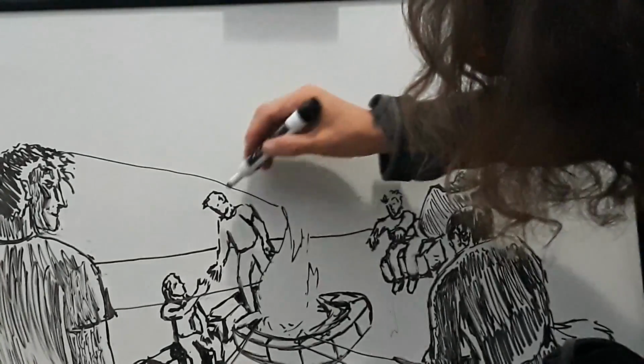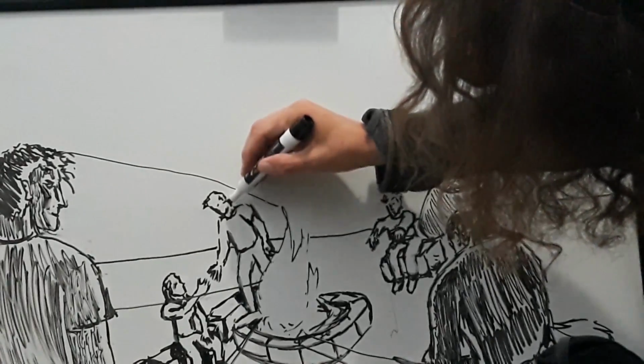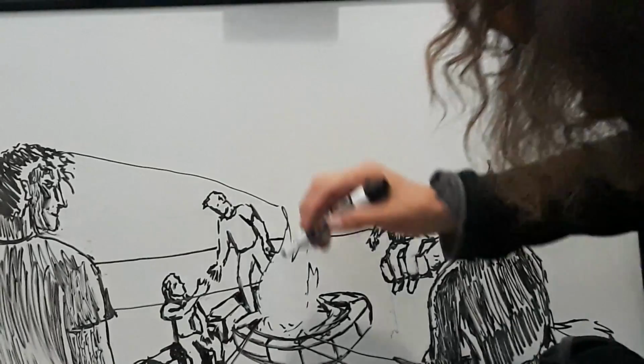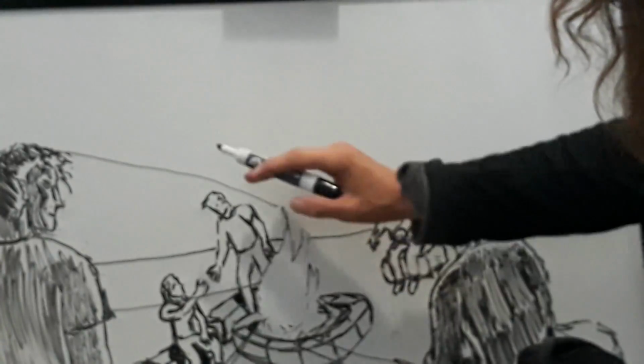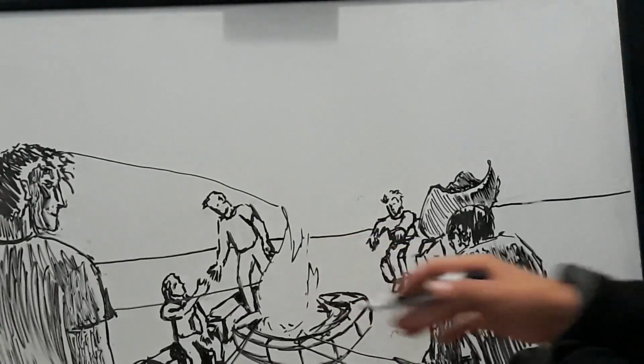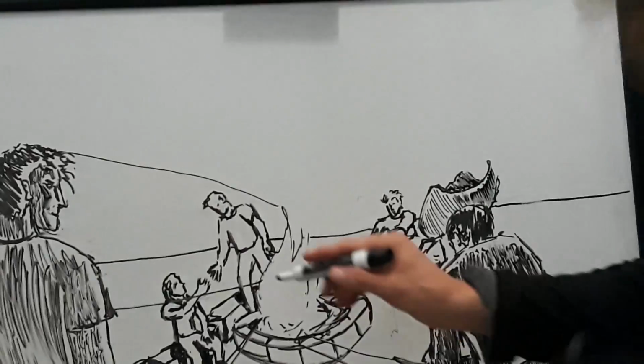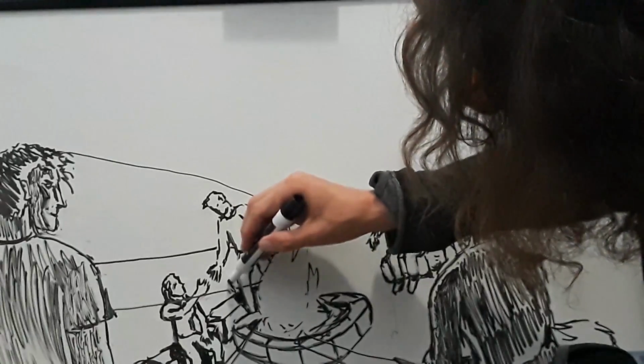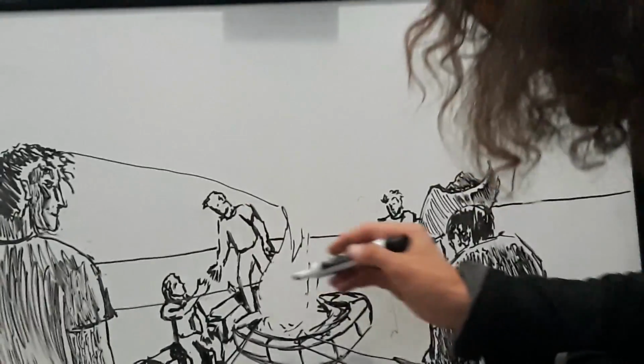So shade that in. Now his neck and face are pretty much fully exposed to the light here. So we don't really have to do much else with him other than this extended shadow here.